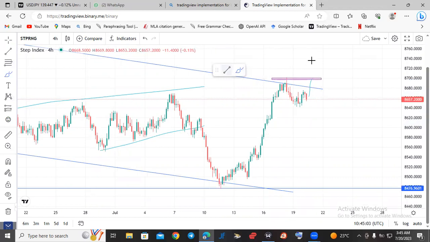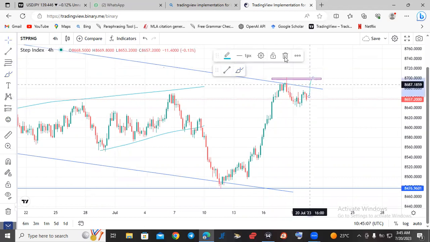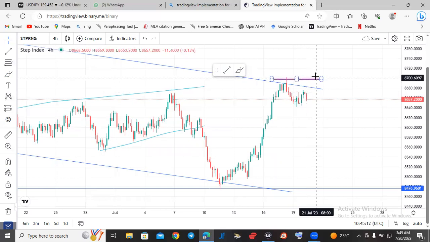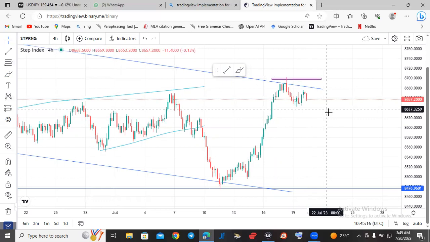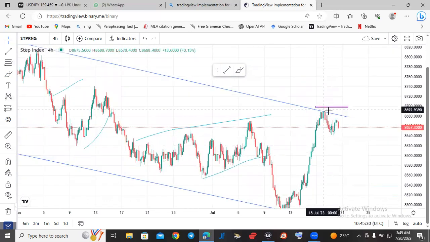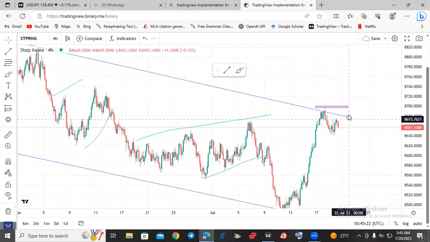But now the market just reversed from the lower low. If the market doesn't continue moving to the upside and decides to consolidate from there, we will anticipate a breakout to the upside.